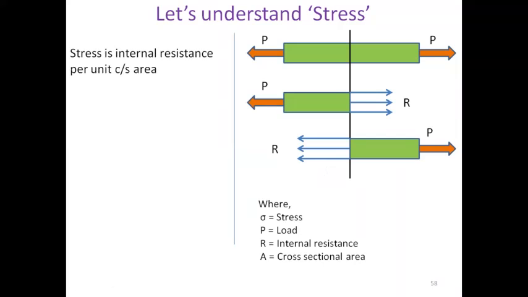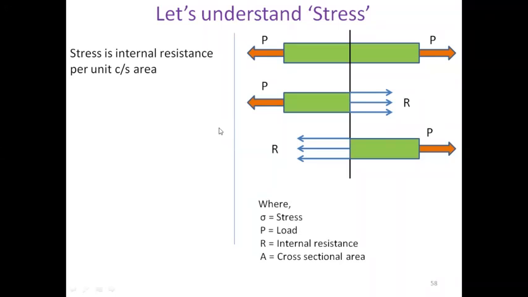It is internal resistance per unit cross sectional area. Remember Newton's third law. In the third law only force is involved, but in stress the load and its area are involved.